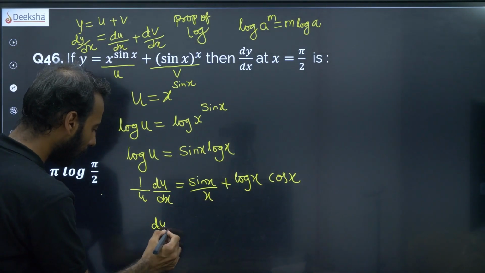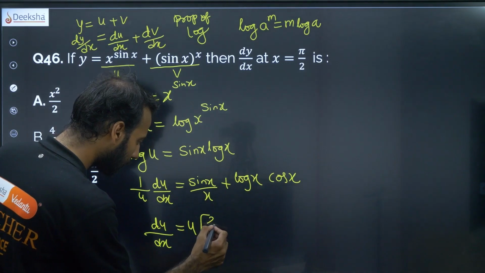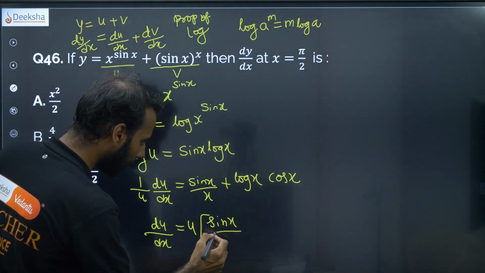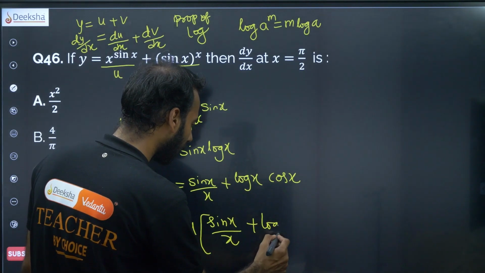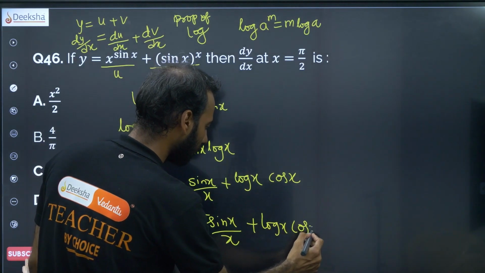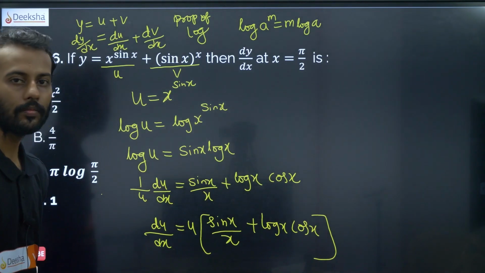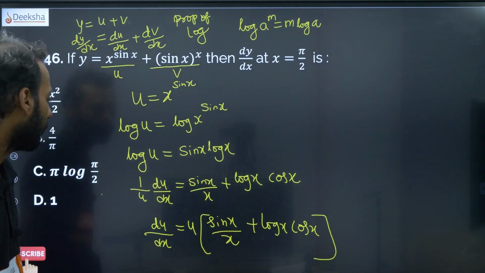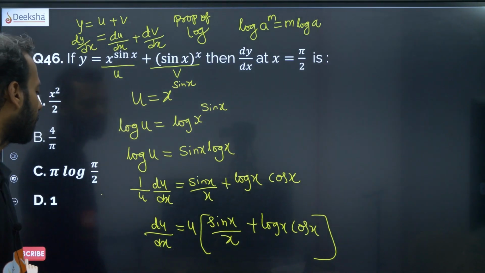Next, du by dx is u times sin x by x plus log x cos x. Du by dx is u. What is u? U is x raised to sin x. Now you place the values.